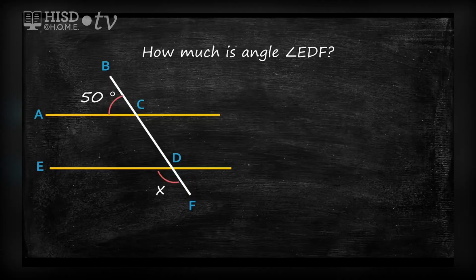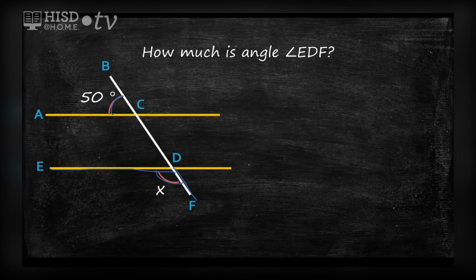The question says how much is angle EDF, and it's going to be this angle that is formed right here between these lines, and we see that the angle is represented by the letter X, and the only thing that they give us is this angle over here that we know is equal to 50. Well, we have to use the things that we learned before in order to solve this.